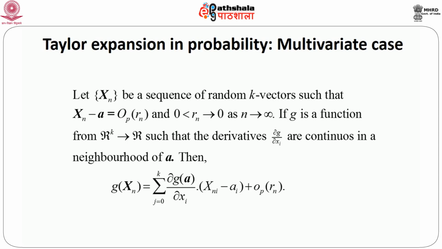Let Xn be a sequence of random k-vectors such that Xn minus a equals big O p of Rn, where Rn is a sequence of positive real numbers that goes to 0 as n approaches infinity. If g is a function from Rk to R such that the partial derivatives del g by del xi are continuous in a neighborhood of a, then the multivariate version of Taylor expansion in probability states that g of Xn equals g of a plus the summation over i of del g by del xi at a times Xni minus ai, plus small o p of Rn.